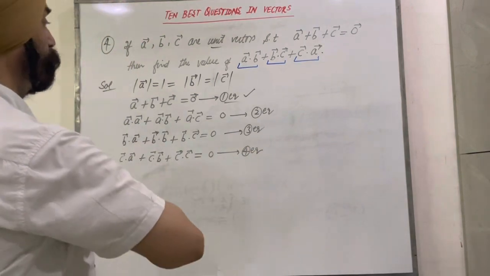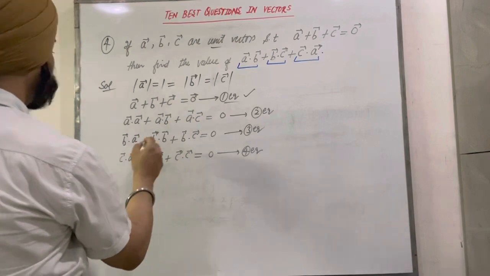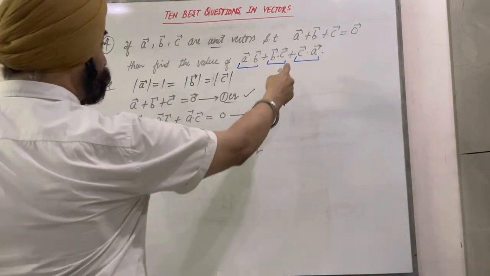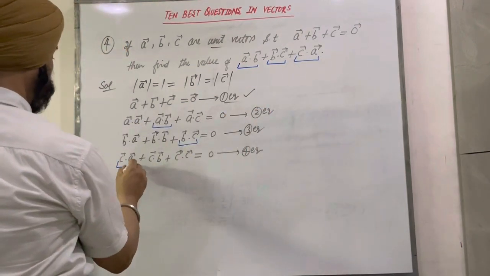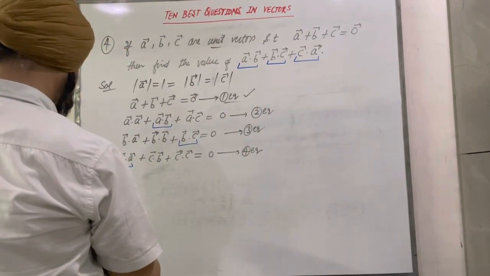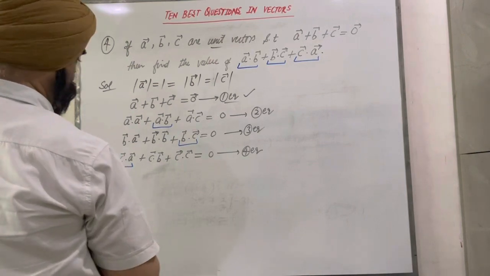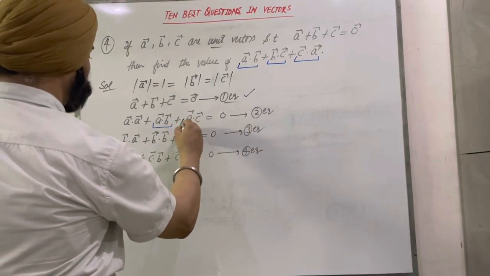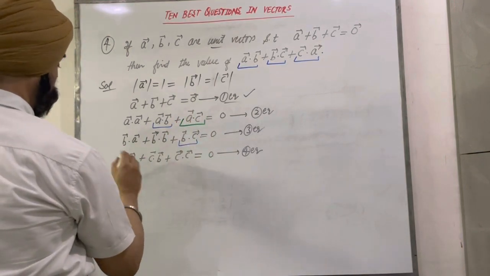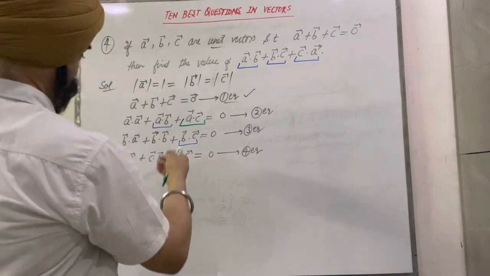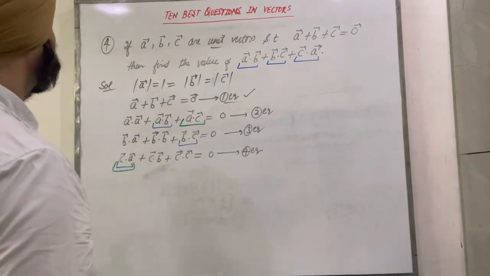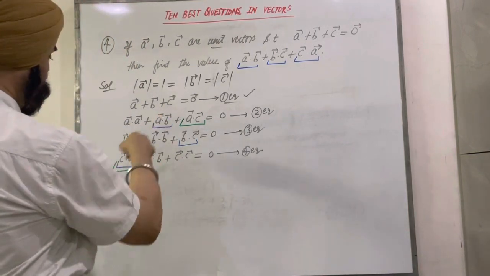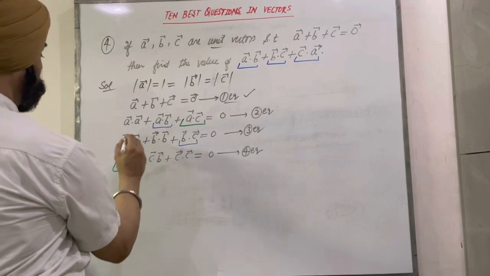Now as you can observe, vector A dot vector B is visible over here, vector B dot vector C is visible here, vector C dot vector A is visible here. Along with that, it's worth noting that A dot C is the same as C dot A. These two terms are identical, since the dot product is commutative. Likewise, if we have A dot B, we definitely have B dot A visible also.